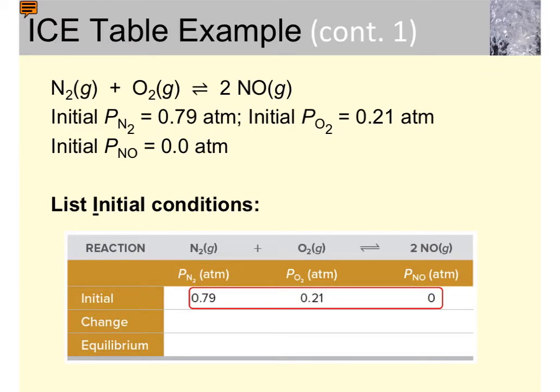All right, so step 1, remember what I stands for in the ice table. It's the initial concentrations. So you simply plug in the values they gave you, and since this is in terms of pressure, not concentration, the pressures go in, done the same way.